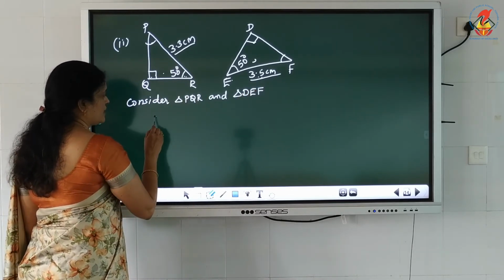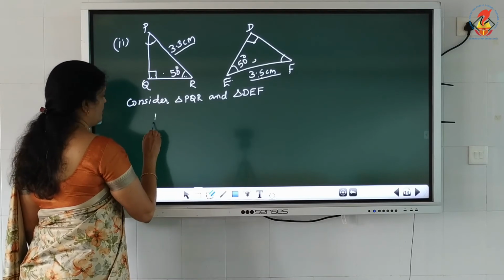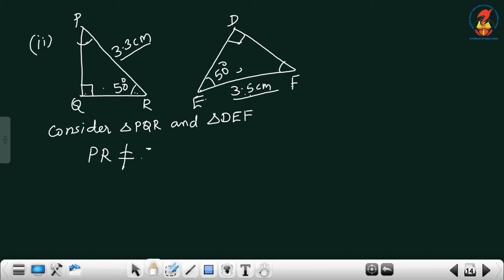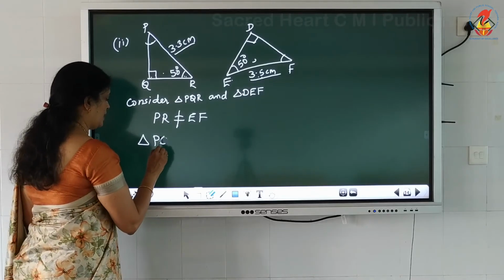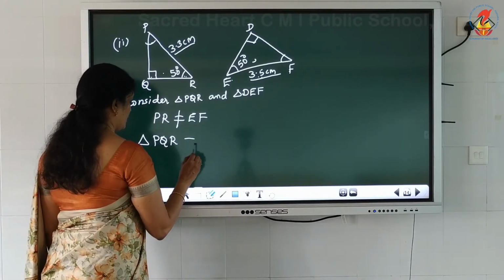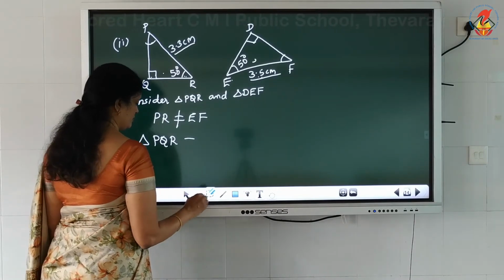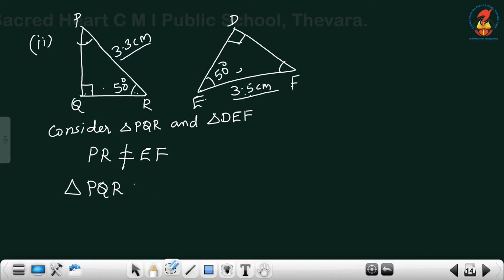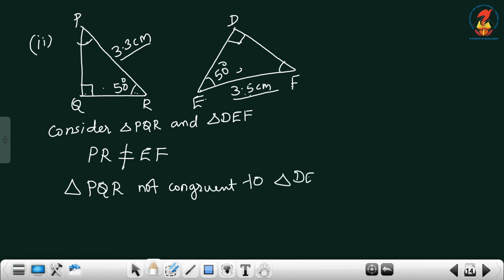Therefore triangle PQR is not congruent to triangle DEF.